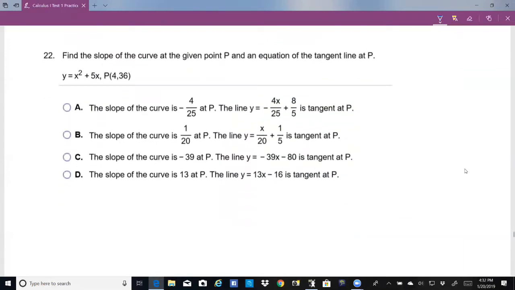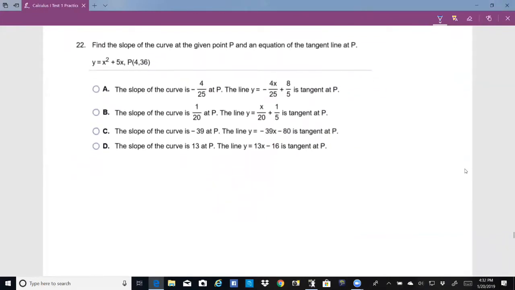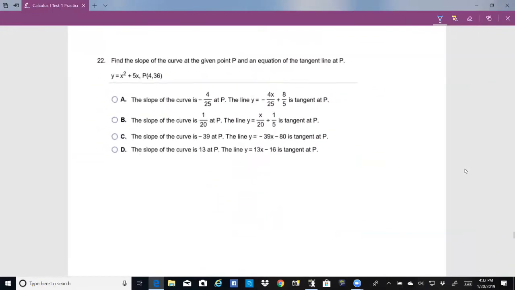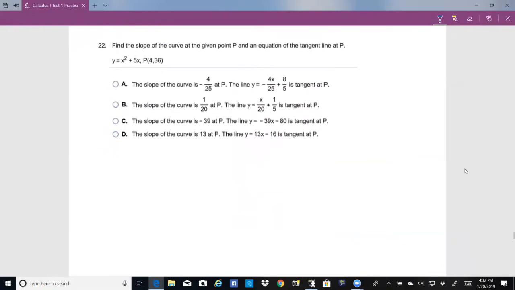Number 22, we want to find the slope of the curve at the given point P and find an equation of the tangent line at P. Well, we're going to do this problem two ways. We're going to do it using the definition of the derivative.